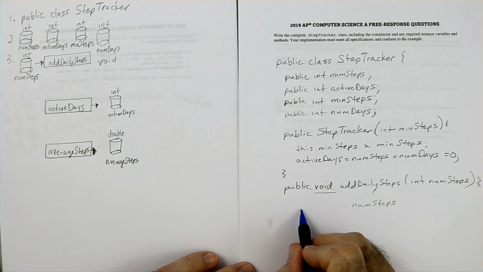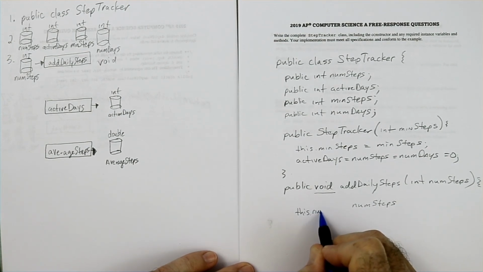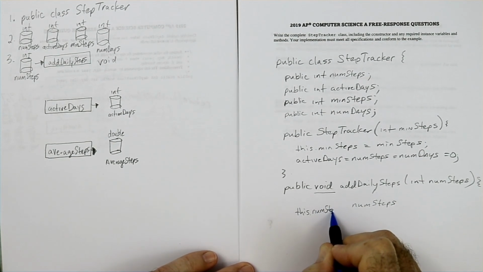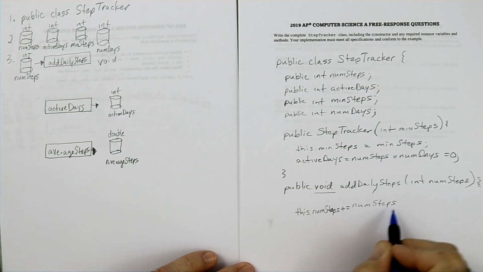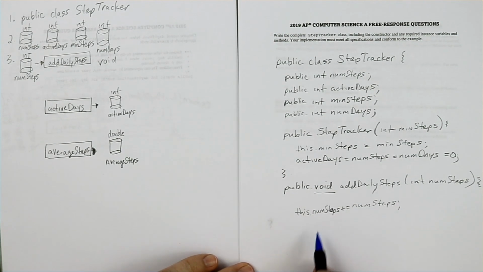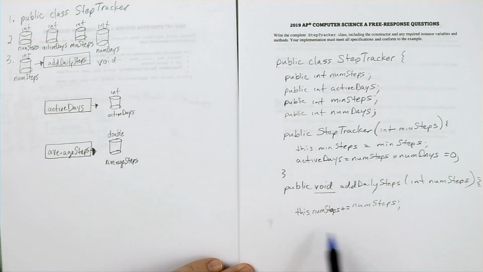Well, remember, you could use the global variable, this.numSteps plus equals. So that'll keep adding that numSteps up, and it'll keep a running count. And this addDailySteps is not going to return anything, so we really don't have to add anything more than that.